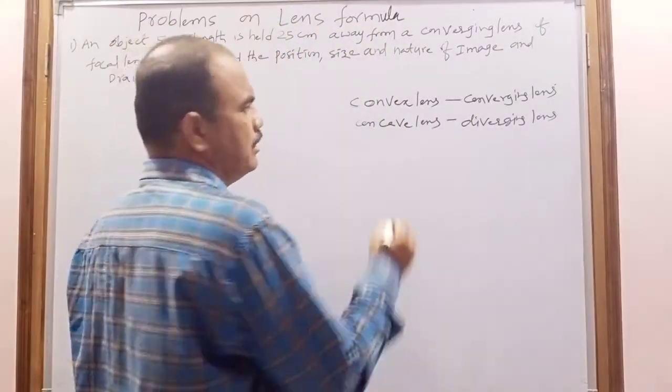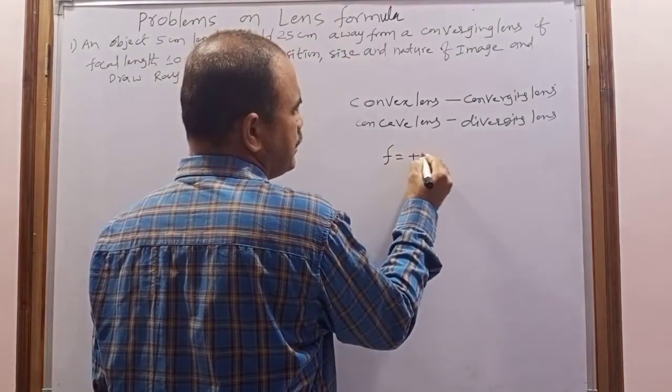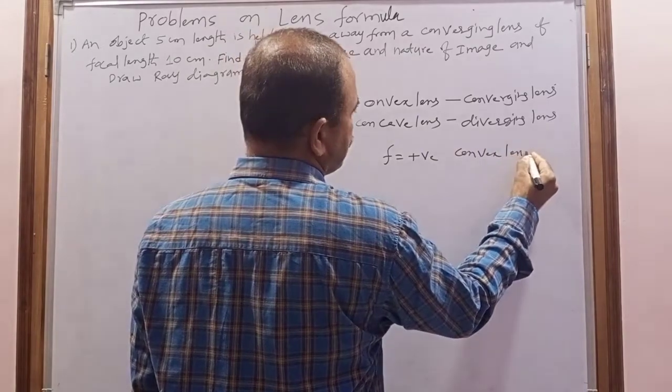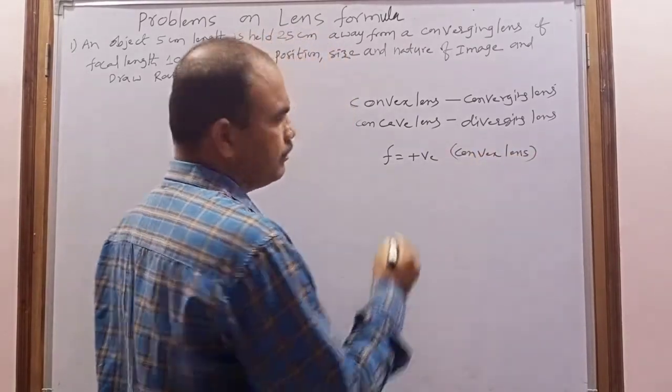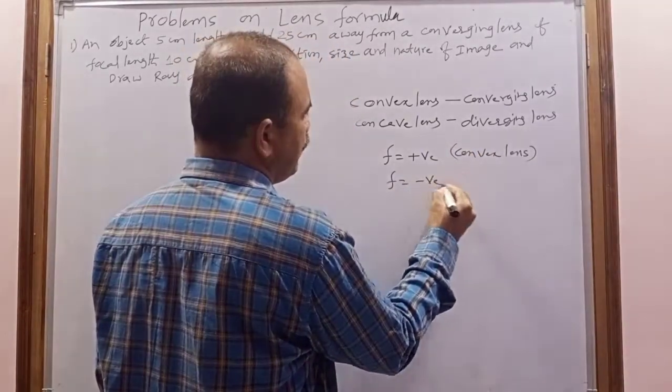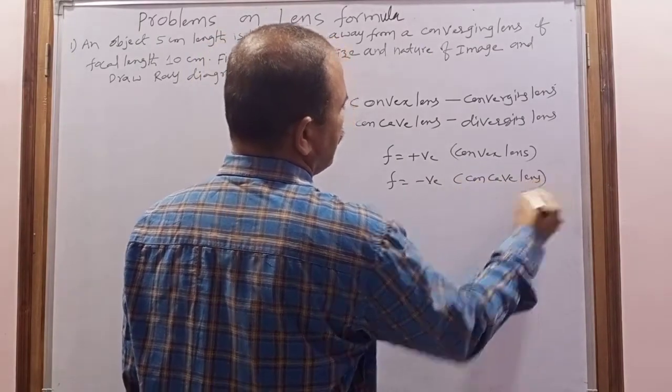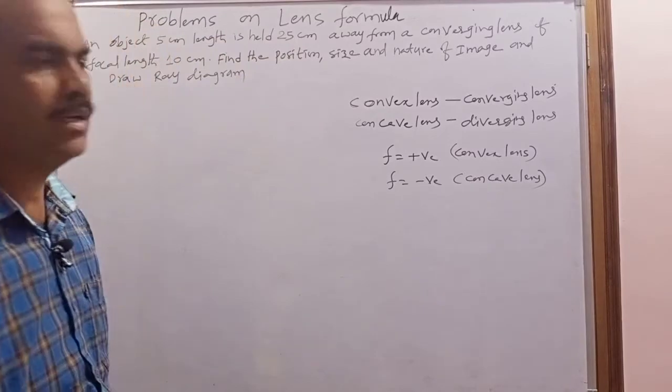And next, the focal length of the convex lens is positive. Remember, the focal length of a convex lens is positive and the focal length of a concave lens is negative.